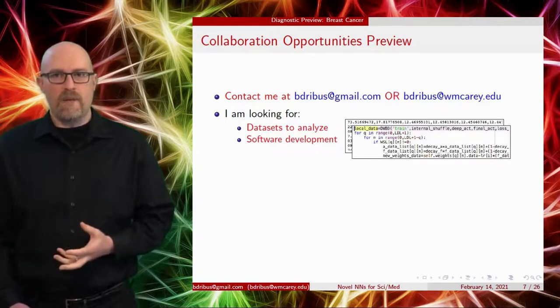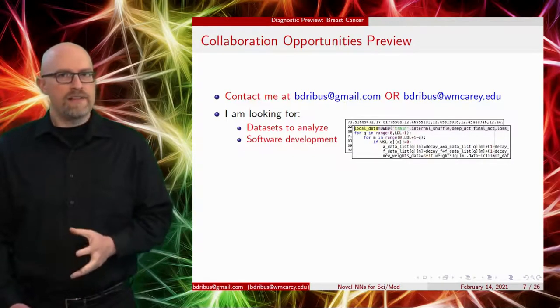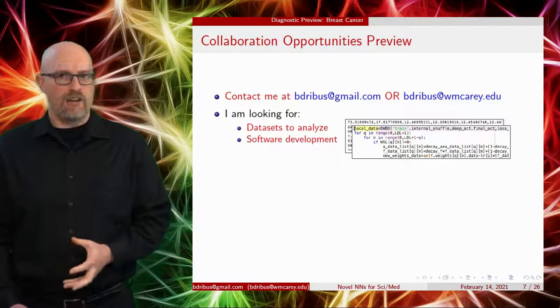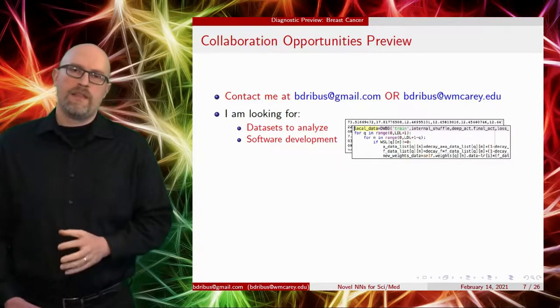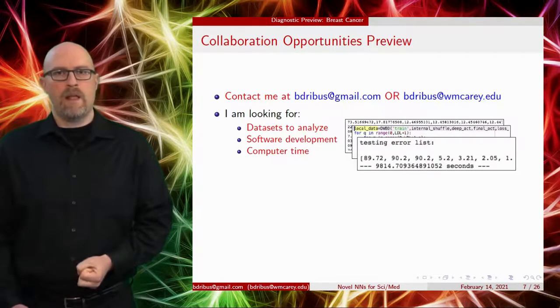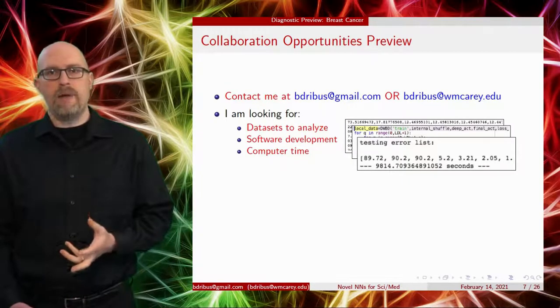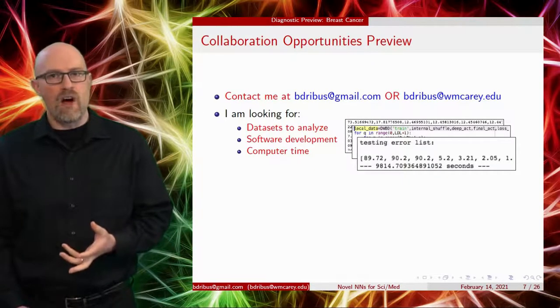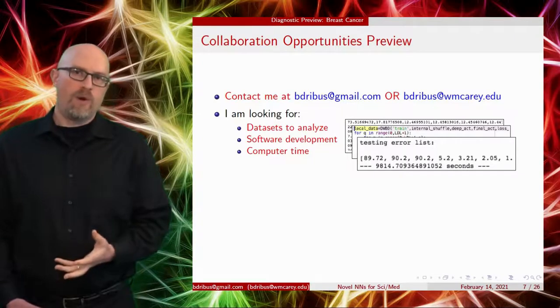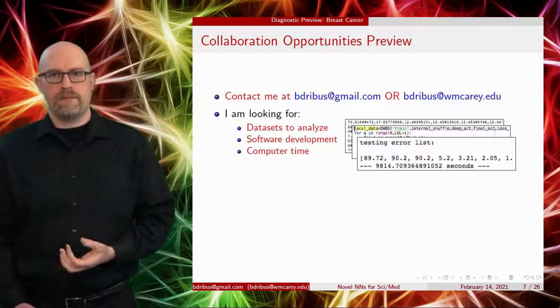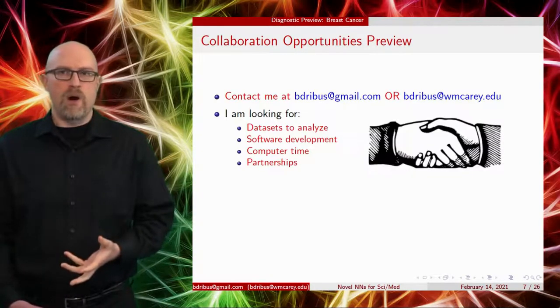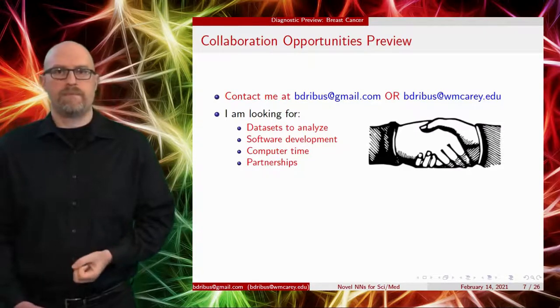I want to speed up and generalize my code. These ideas work, so this would be a high reward project. Third, computing time. I've proven mathematically that my methods will scale well for very large data problems, but this will ultimately require supercomputing. And fourth, working partnerships to make these things happen.